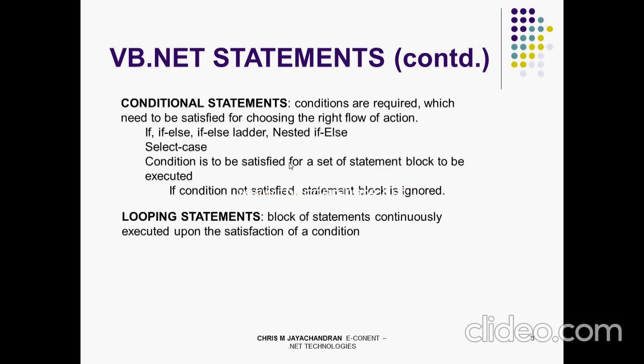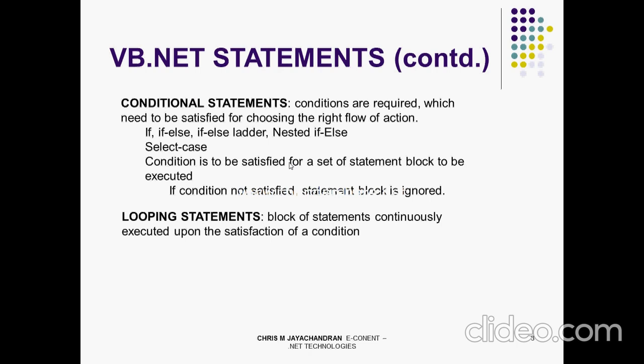Okay. Let's now talk about it in a bit more detail. So when you talk about conditional statements like if, else if, or even else if ladder, or select case, or switch case in C language, conventionally speaking, we talk about fulfilling one condition. Once the condition is satisfied, the given block, either under if or else if or even under else part, is executed.